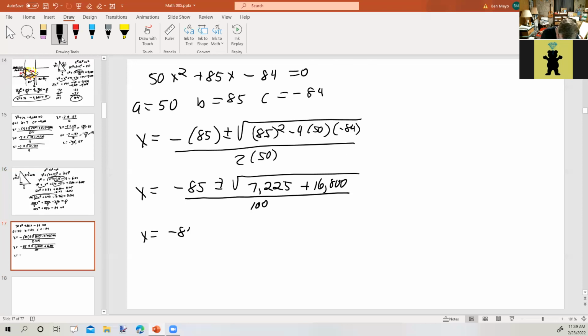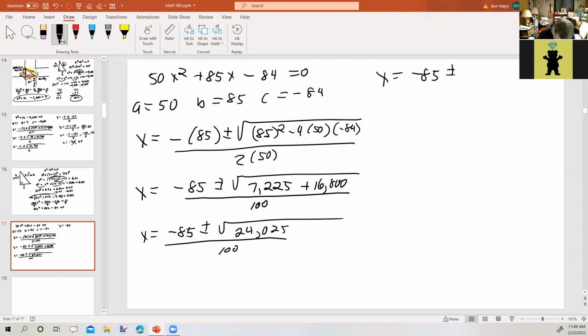X equals negative 85 plus or minus the square root of 16,800 plus 7,225, which is 24,025, all over 100. Let's hope that's a perfect square. X equals negative 85 plus or minus the square root of 24,025, that is 155.